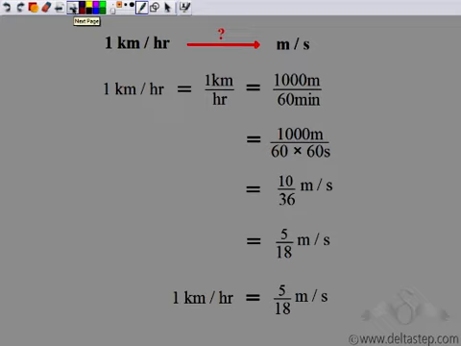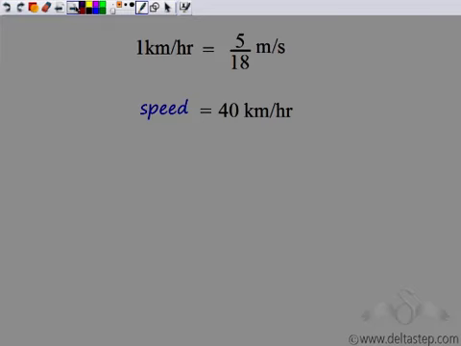Now the speed which was found was actually equal to 40 kilometers per hour. Speed was 40 kilometers per hour. Now how can I convert this into meters per second? We know that 1 kilometer per hour is 5 by 18 meters per second.